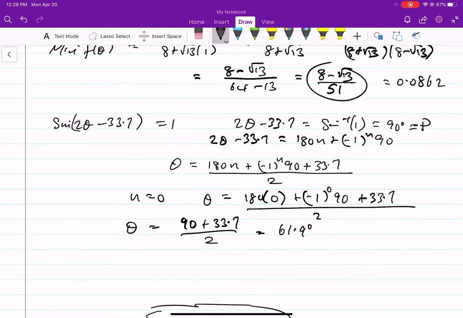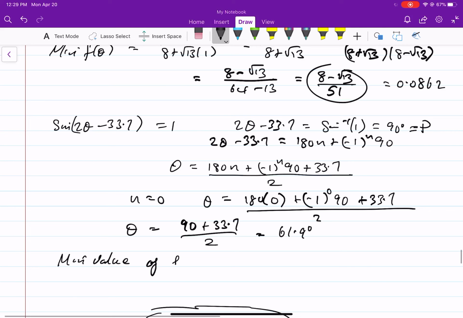So if I were to summarize that, the minimum value of f of theta is 8 minus root 13 upon 51, or 0.0862.